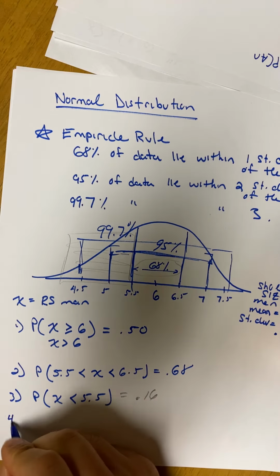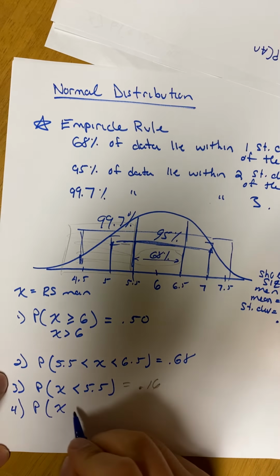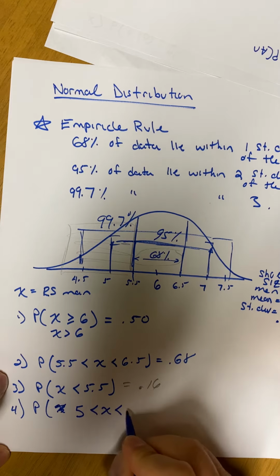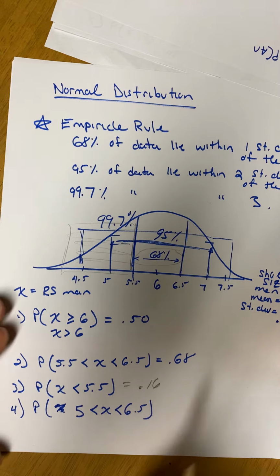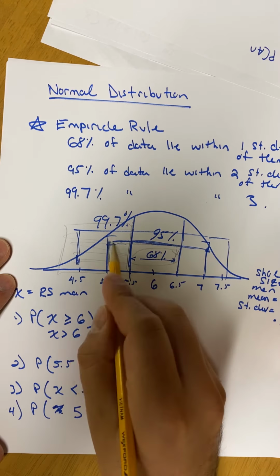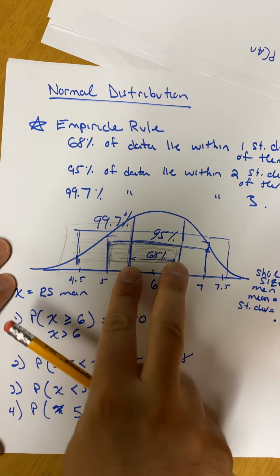If I said find the probability X is between 5 and 6.5, now I want from here to here. Well, I know that's 68.